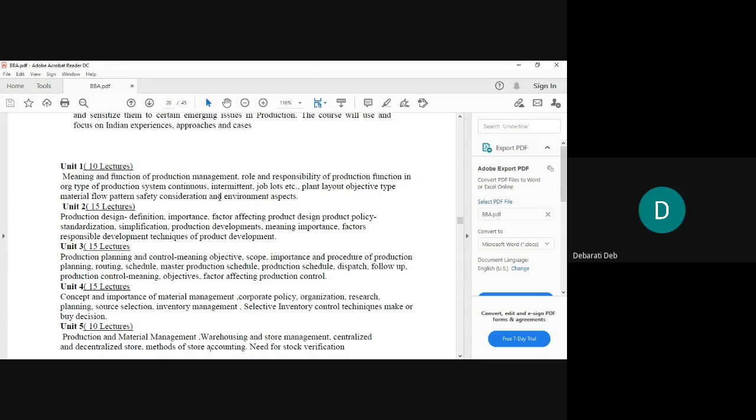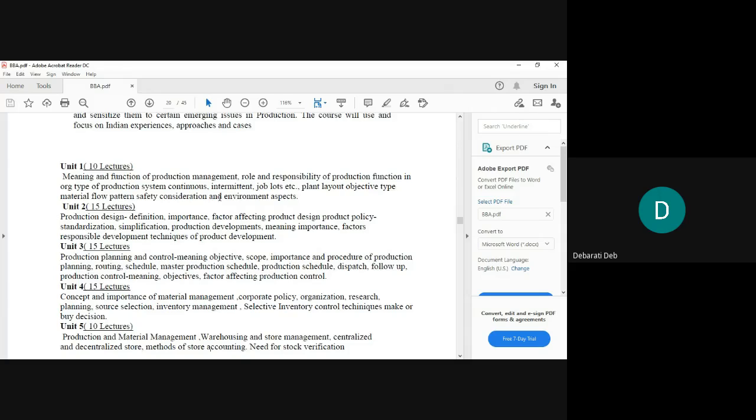The next topic, I'll not teach you today, tomorrow only I'll teach you. That will be related to the third unit. In the third unit also, I will take the important things which are important for understanding. Meaning, importance, factors, advantages, those are all theoretical portion. So we will not spend our time in online classes reading the theoretical portion, such as the advantages, characteristics, features, and all that.